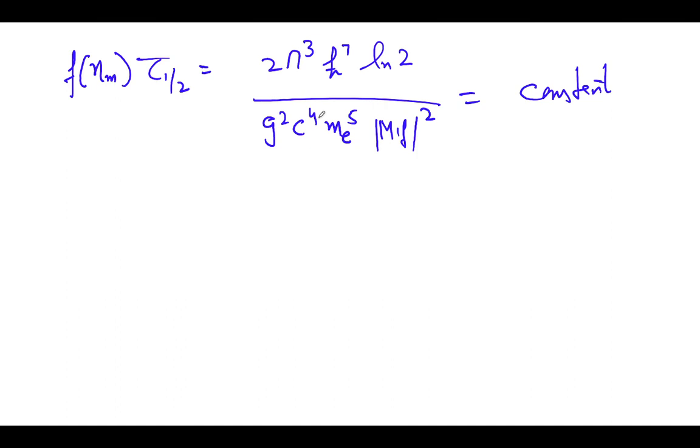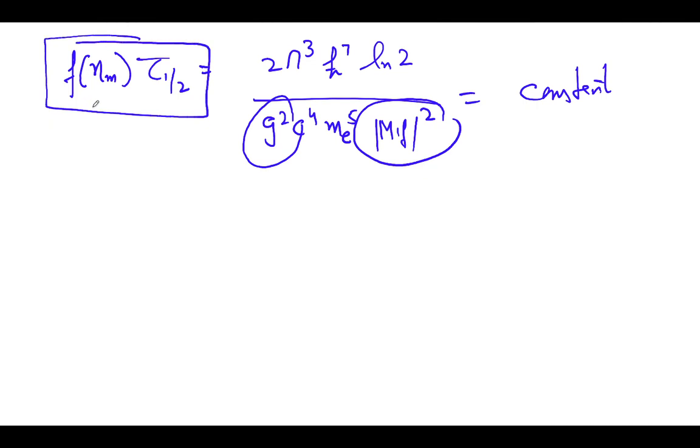So the right hand side of this equation depends upon this matrix element, which in turn depends upon the initial and final wave functions of the parent and product nuclei, and also upon the value of G, the strength of the weak interaction which is causing this beta decay. So the left hand side of this equation is generally known as the comparative half-life.